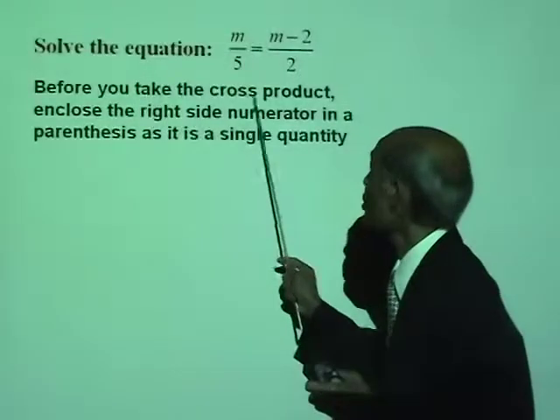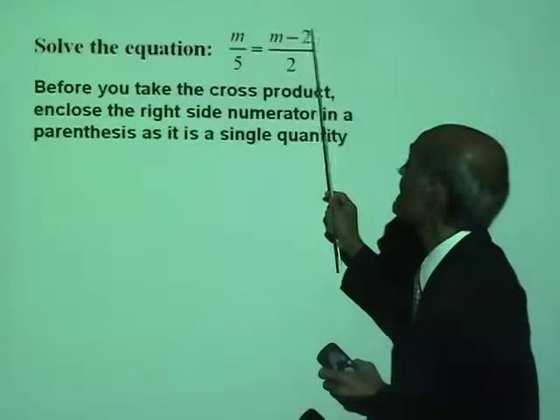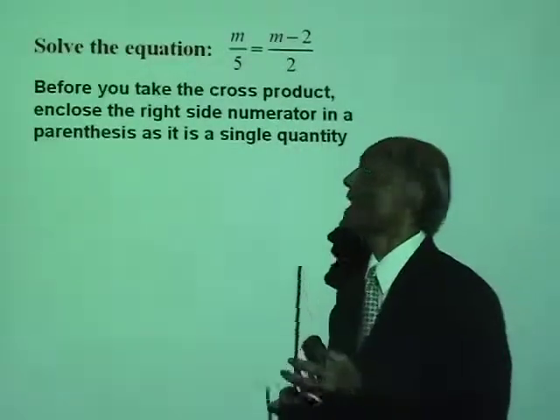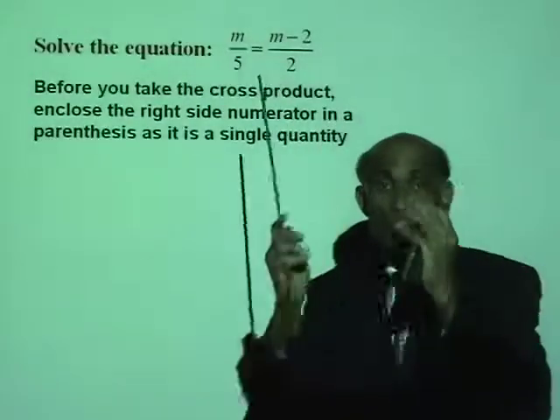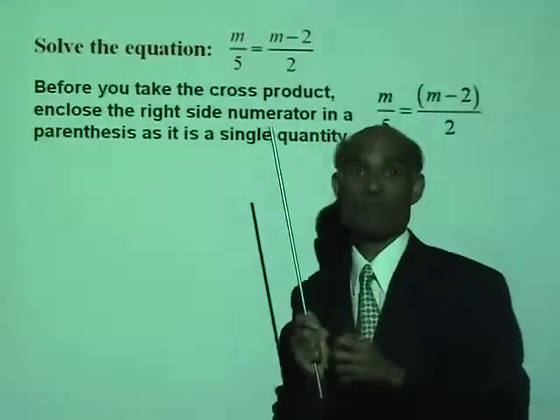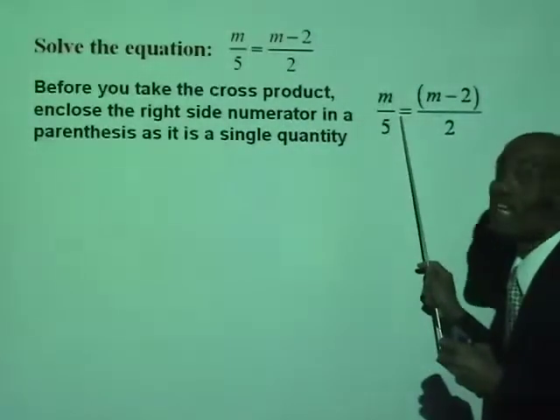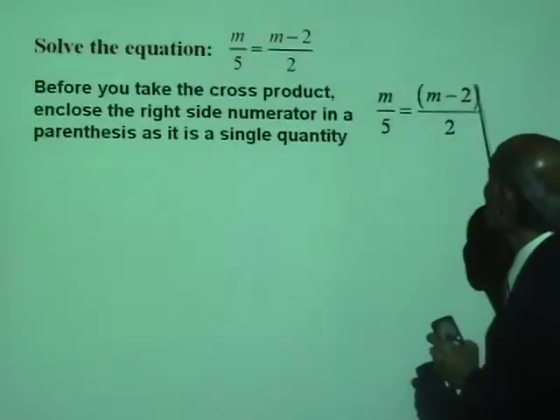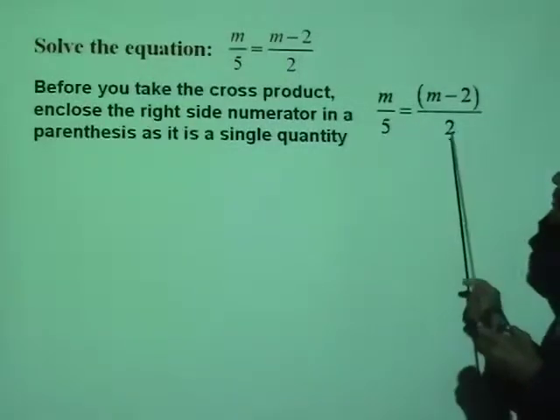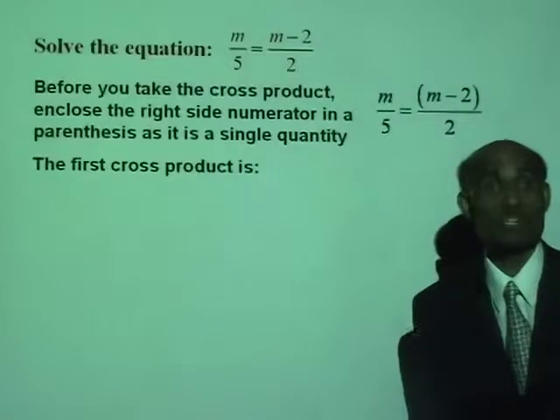Because you take the cross product, enclose the right side numerator in a parenthesis as it is a single quantity. It is that quantity divided by the 2. So it must look like this: m over 5 equal to the quantity m minus 2 divided by 2. And now you are ready to take the cross product.